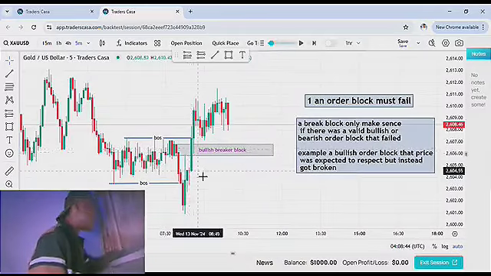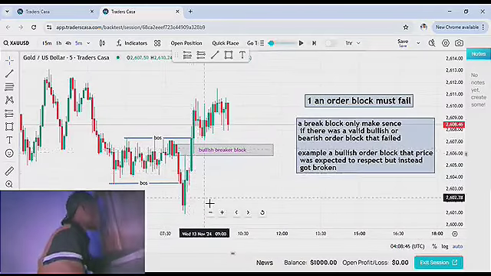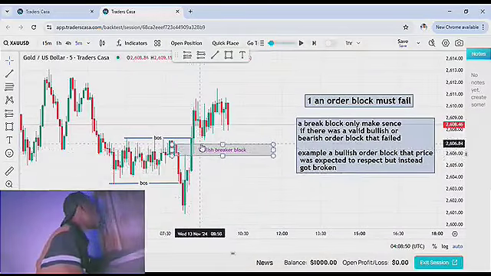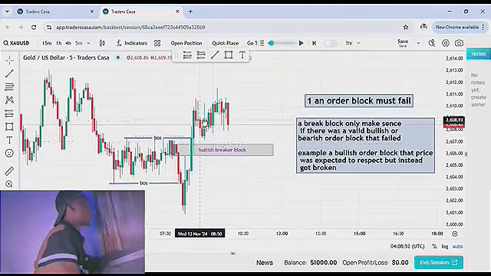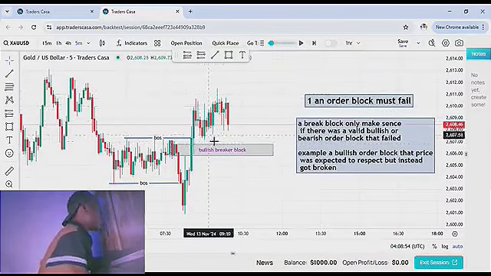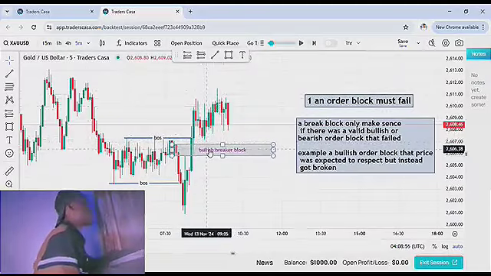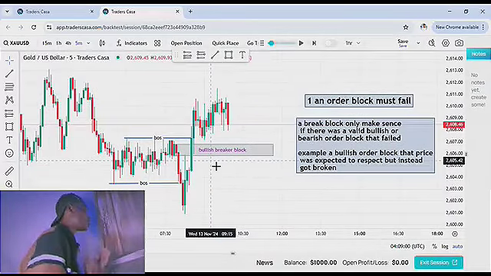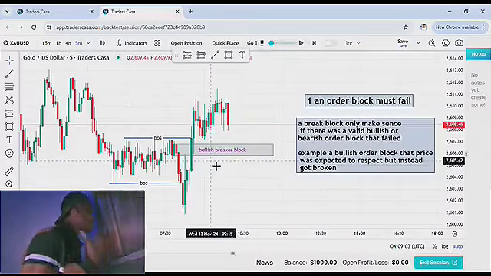But guess what? It didn't. It just started shooting up, broke the order block and kept going higher. So this order block right now will be called a breaker block. That's the simple definition, and this is the easiest way to trade it. It's not hard, guys. Just make sure you capture what I'm saying, and I write it down for you.